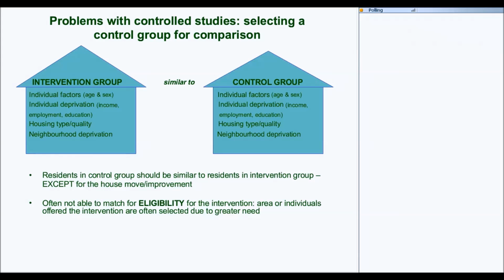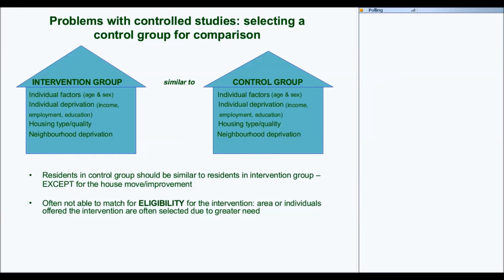And the most likely reason is that they have a greater need. So there's quite an important reason why the intervention group will be different to a control group, even if on quite broad socioeconomic indicators you can see that they're quite similar, but there probably will be quite a systematic difference between the two groups. And that's something that's quite difficult to control for.